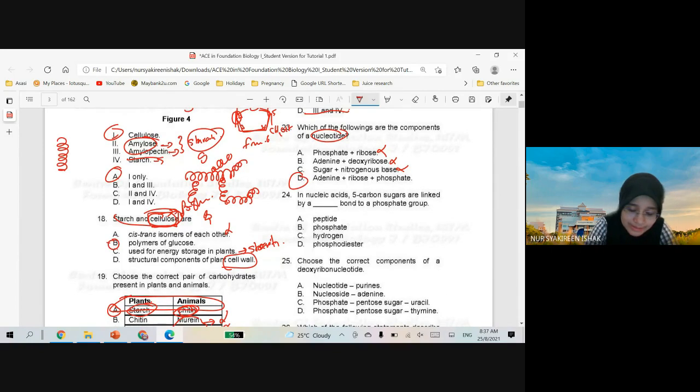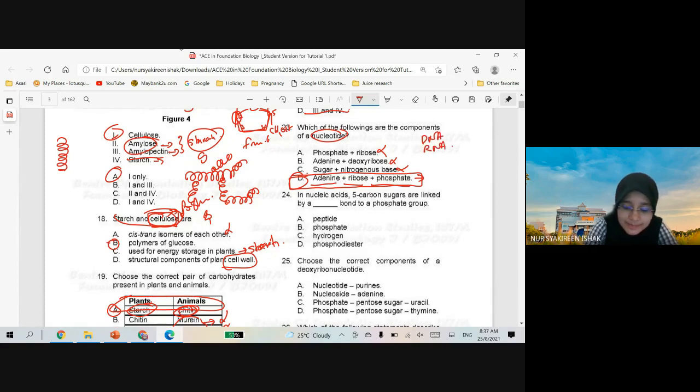So adenine is the nitrogenous base, ribose and then phosphate. So this molecule is basically the nucleotide for which molecule? For which polynucleotide? Which type of polynucleotide? This one, D. Polynucleotide, nucleic acid, you have DNA and also RNA.